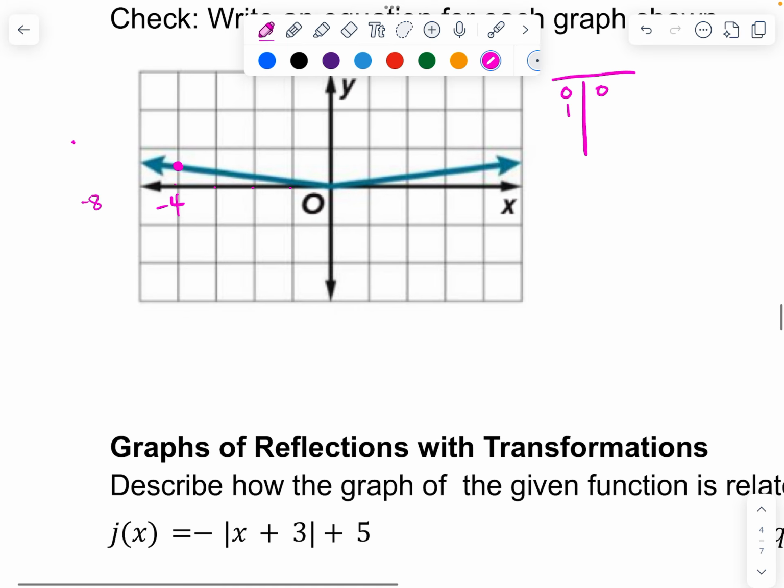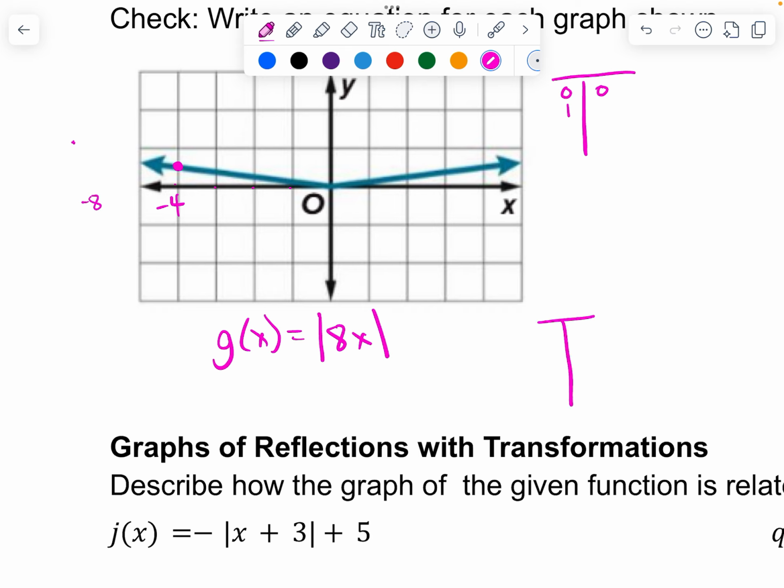So I'm going to say we could say g of x equals 8x, because if we were to do negative 1, 0, 1, and we did, this is x, this is y, if we had that, it would be an eighth of that.